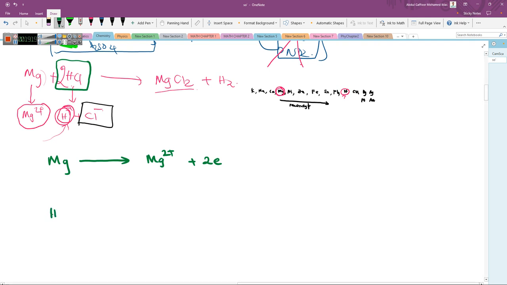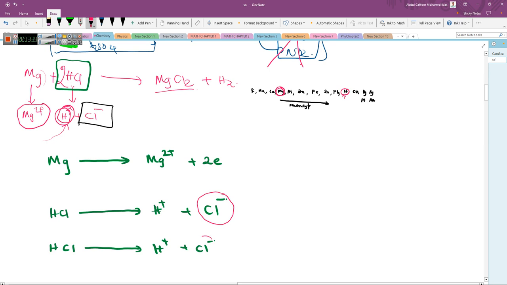So we have HCl. One HCl will produce H plus and Cl minus, and another HCl will produce H plus and Cl minus. Now what will happen, this chlorine and this chlorine sum up to two negative ions, and here we have two positive ions.